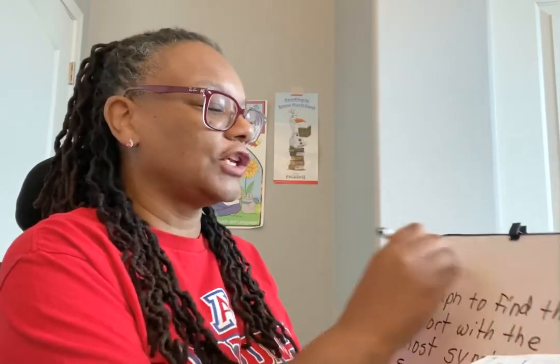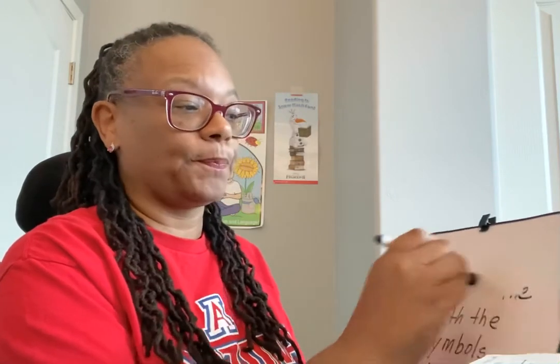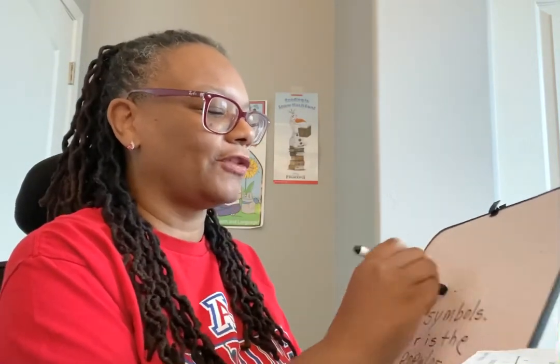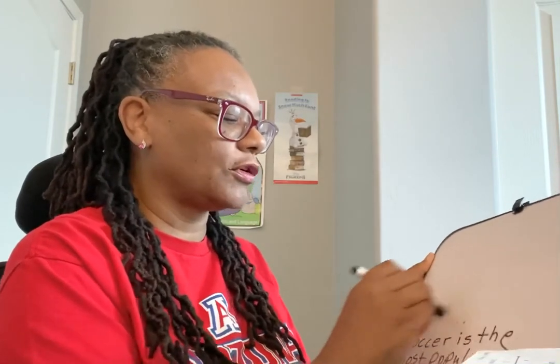Now, did you get your ruler? You'll need your ruler. And if you don't have your ruler, I have a little paper ruler that I'm going to use to check. Now, did you measure it? Okay, Brindley, how long is the toy car? And we're talking about the inches now.